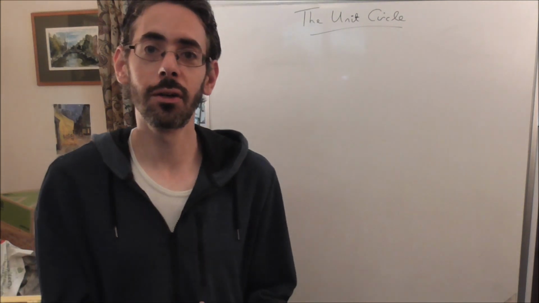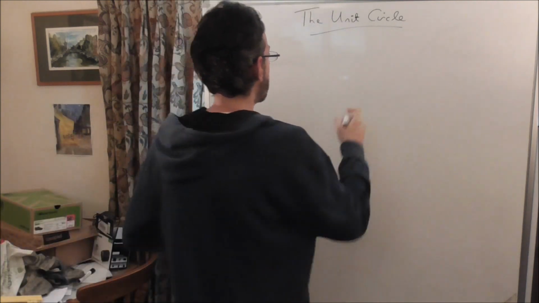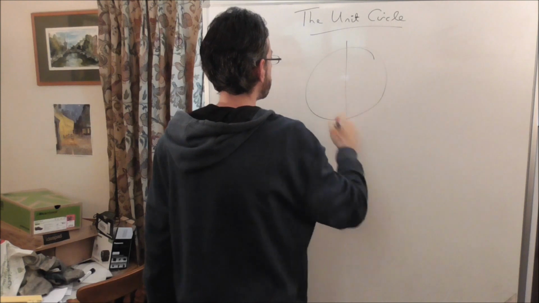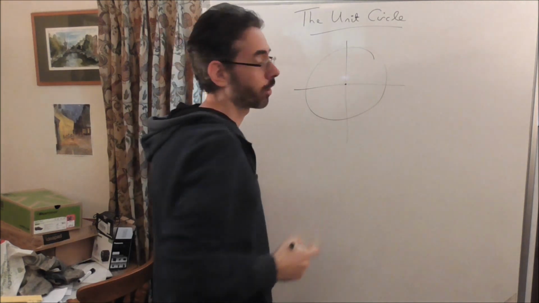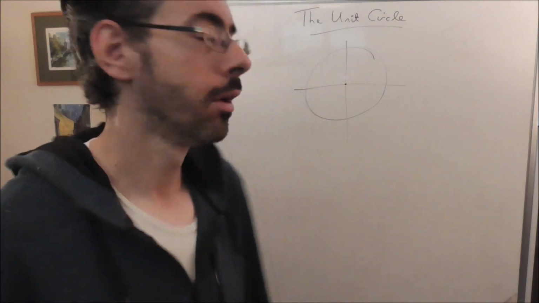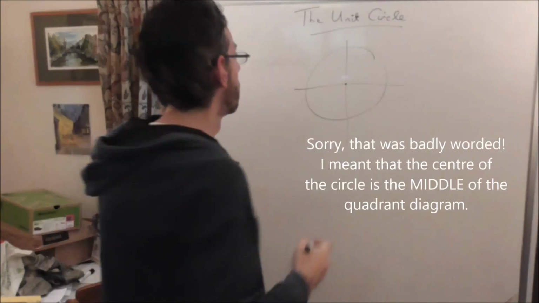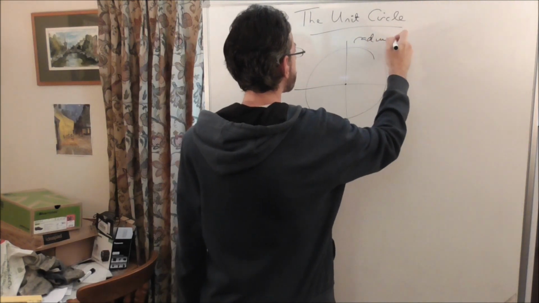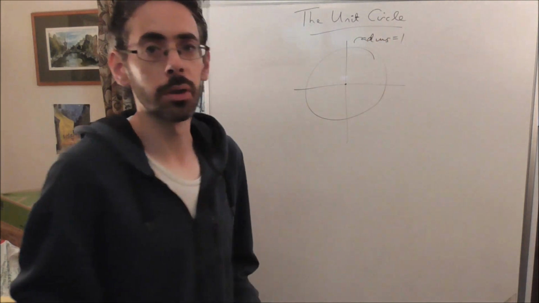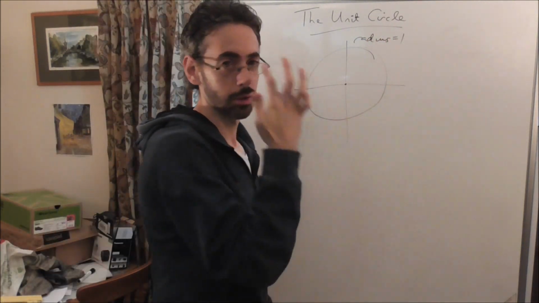So imagine the quadrant diagram, just like before, but there's a circle around it whose centre is the centre of the quadrant diagram, and the radius of the circle is 1. Radius is 1, and we call this a unit circle because the radius is 1 unit.